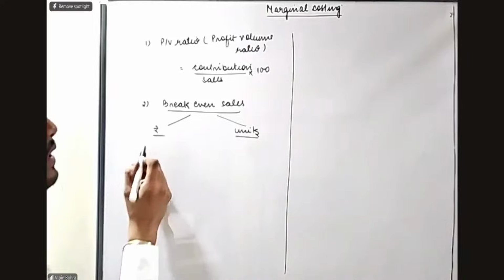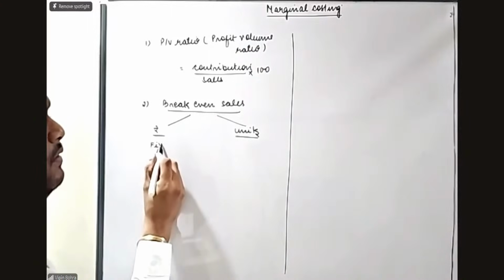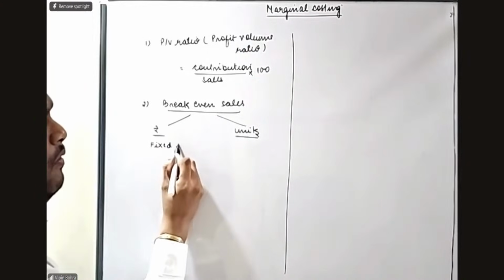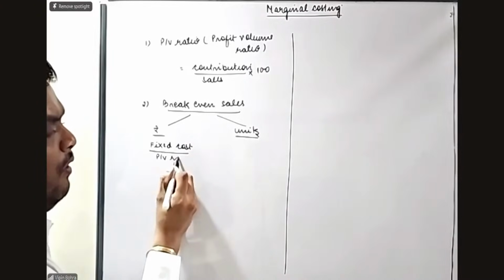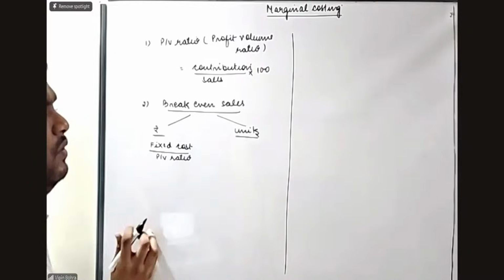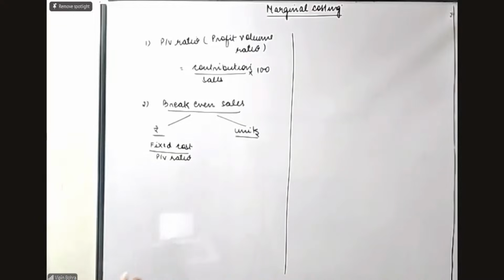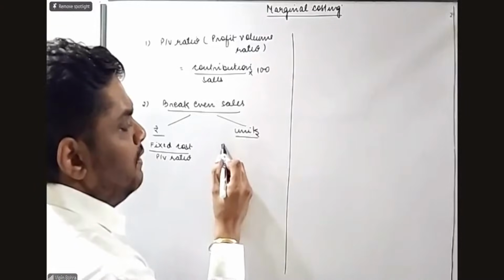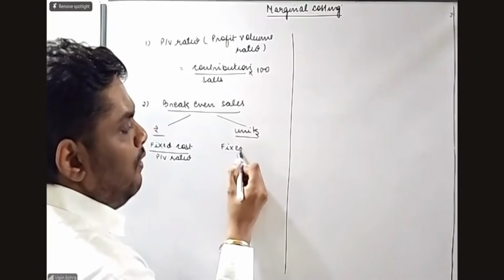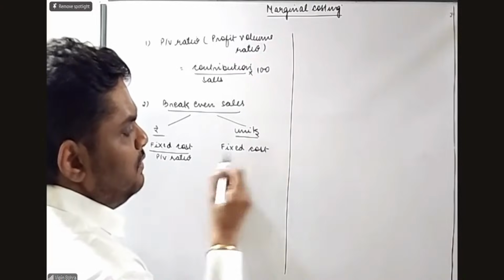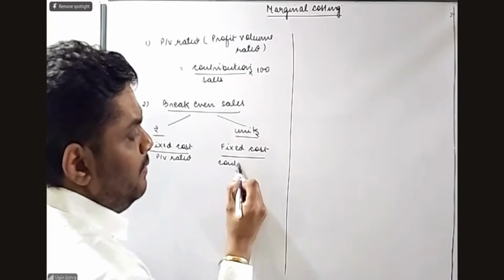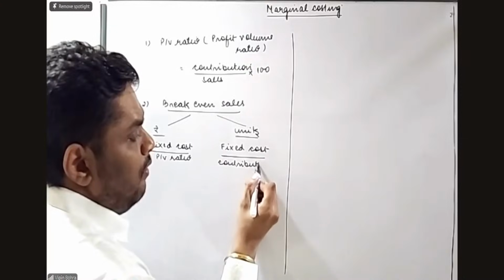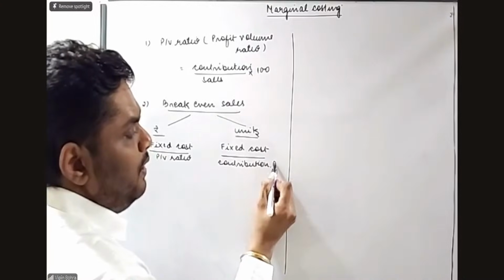If you want to calculate it in rupees, it is fixed cost divided by PV ratio. And if you want to calculate it in units, it is fixed cost divided by contribution per unit.